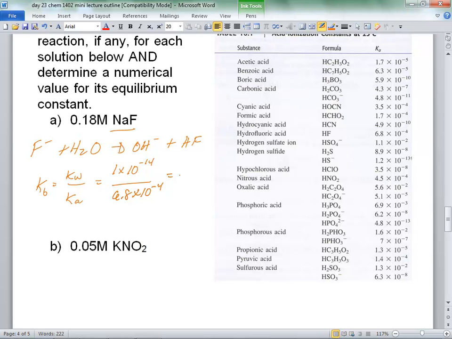He put 6.8 times 10 to the negative 4. I assume he's right. Yeah, he's right. What'd you get? It should be a really dinky number. 1.47 times 10 to the negative 11. Did you get 1.47 times 10 to the negative 11? Yes. All right. Excellent. That's how it should be working.